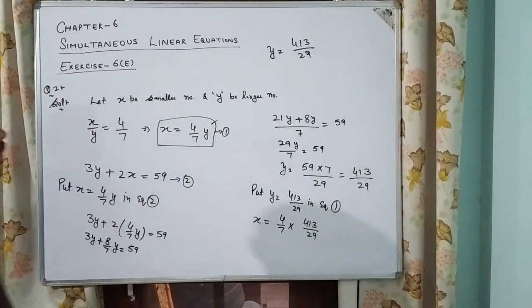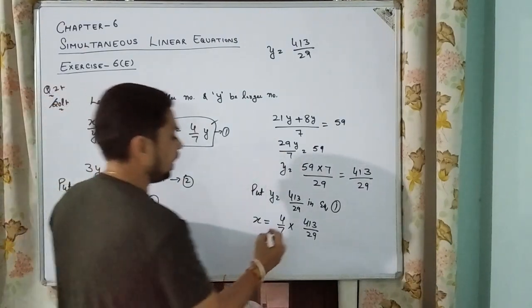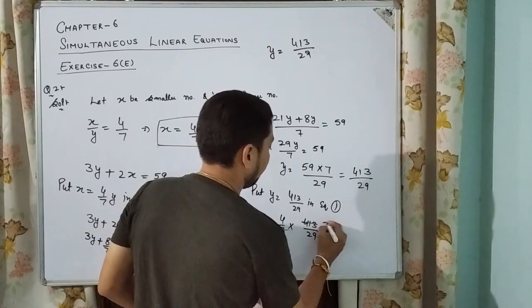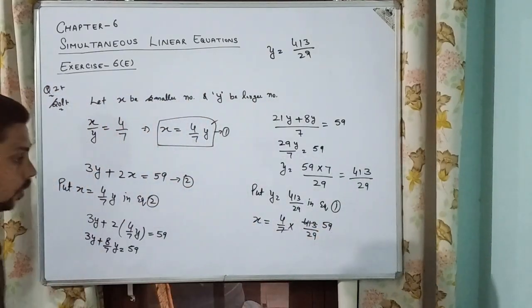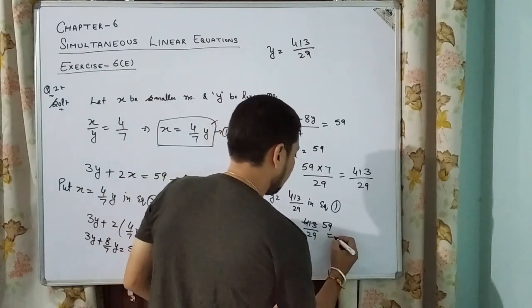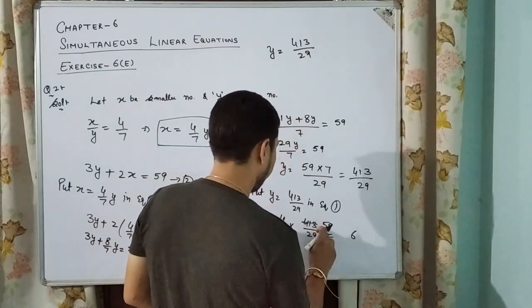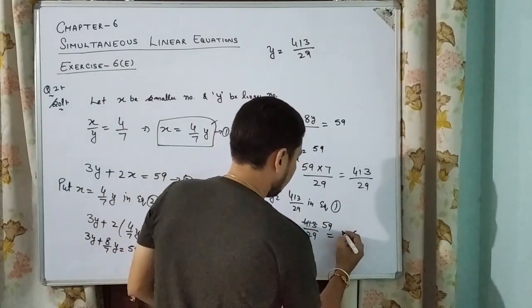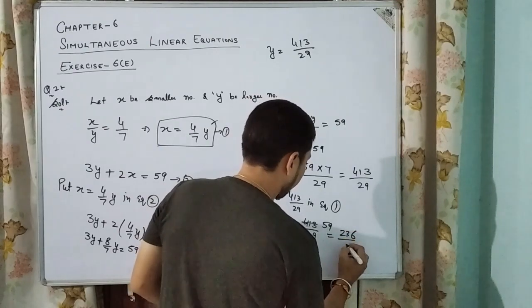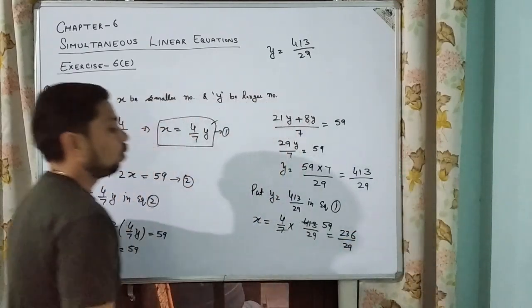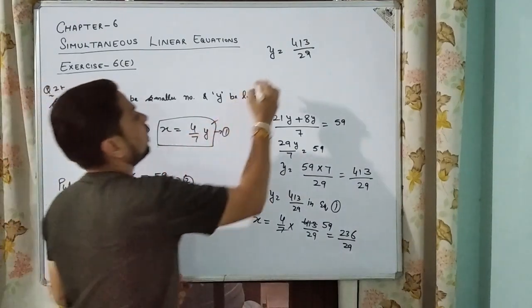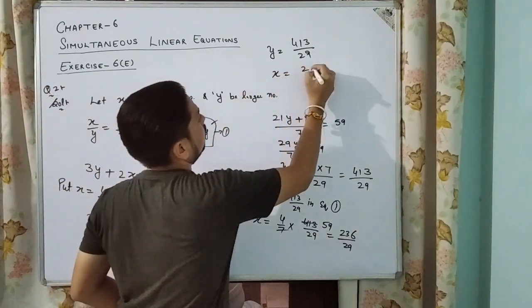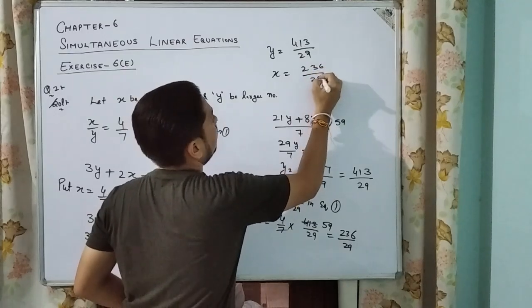Cancelling, it will give you 59, and 59 into 4 is 236 upon 29. So x will be equal to 236 upon 29.